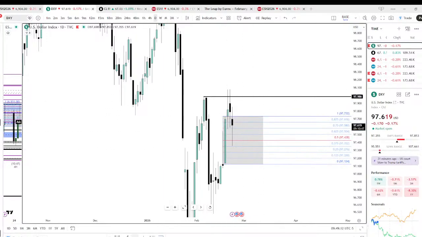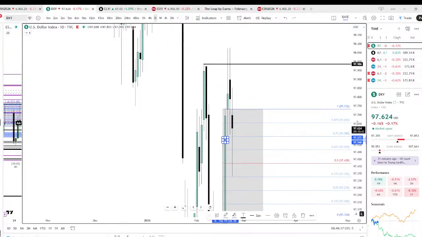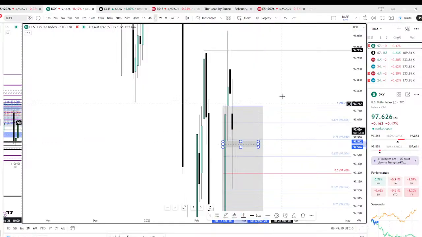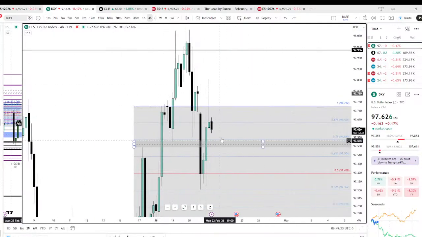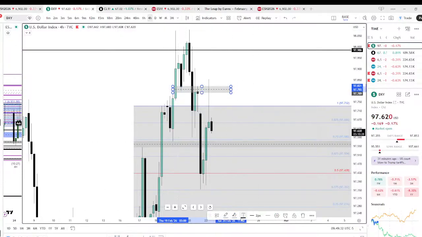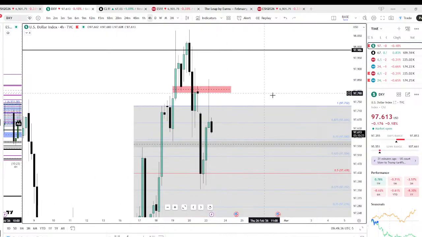Those are our quadrants, and we'll make a specific focus on just this range. But as we come down to the 4 hour, we see break of structure. This is the area where we see that kind of inversion, and we should see some sensitivity.